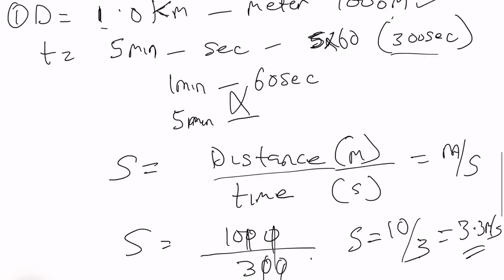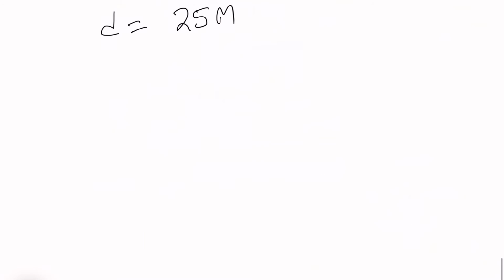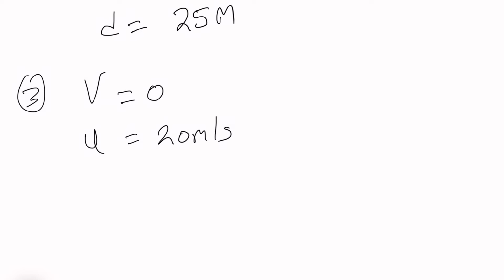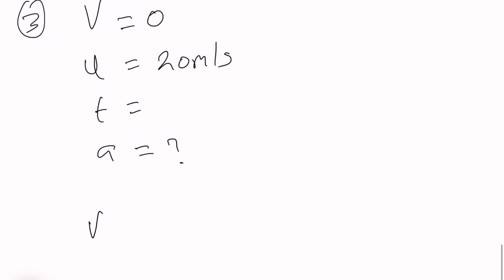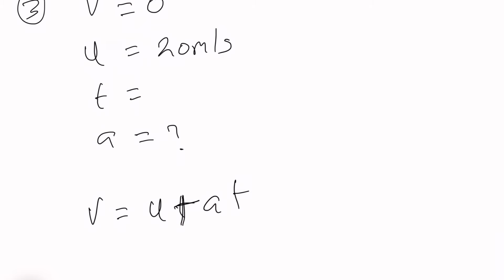So question 3 goes this way. We have final velocity to be 0. We have initial velocity to be 20 meters per second. Then we have our time. Then we have to look for deceleration or acceleration. I'll be using the equation of motion, v equals u plus at. All you do is substitute these values in it. Because it's deceleration, our answer should be negative.